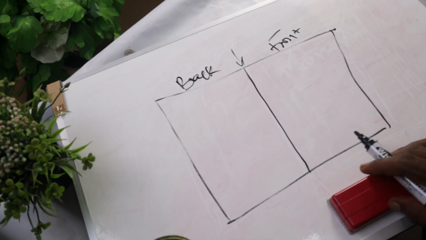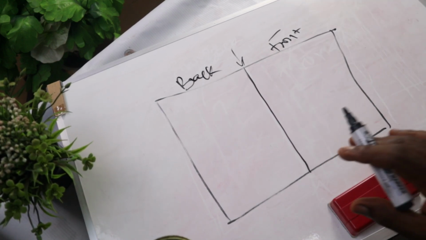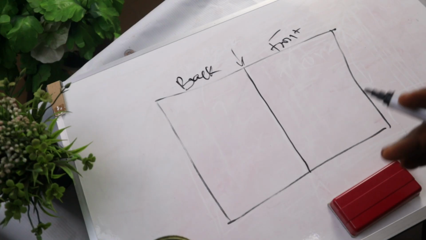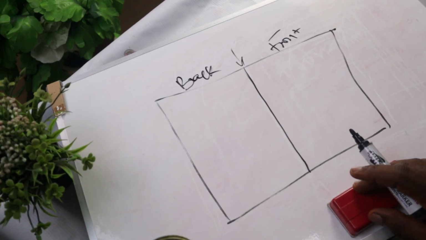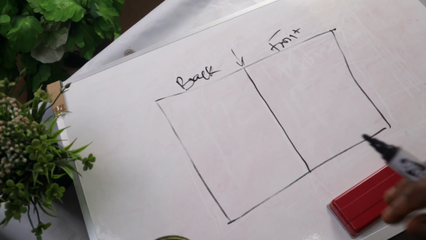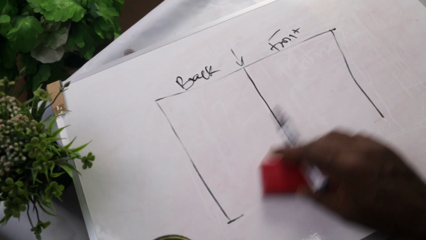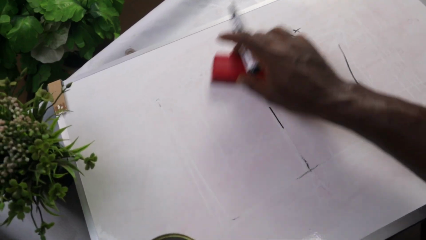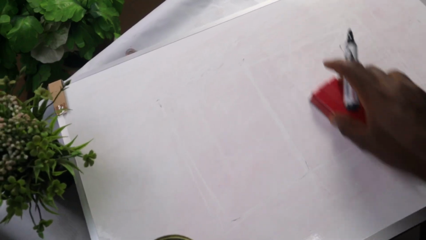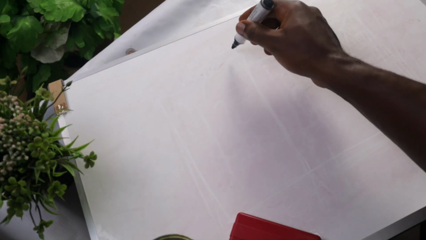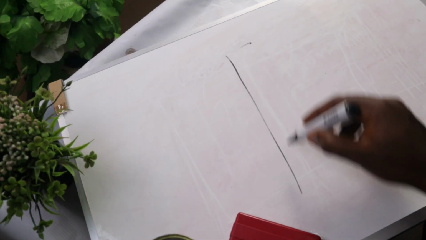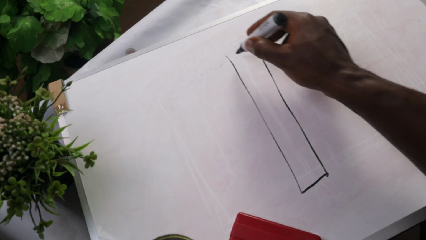What we're trying to do is discover the best format we can use so that we can easily get book covers that are going to sell. Now, the format is this. Let's start from the spine. Usually a lot of people ignore the spine of the book, but I personally don't like ignoring mine. So let's imagine that this is the spine of our book.